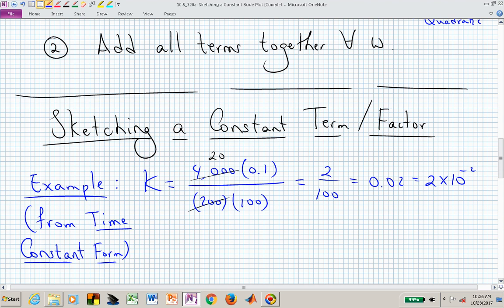If K was positive, say out here at 0.02, then the angle I have to look from here to there, I don't have to move my neck anywhere. I just keep looking straight ahead. So this angle is actually 0 degrees.